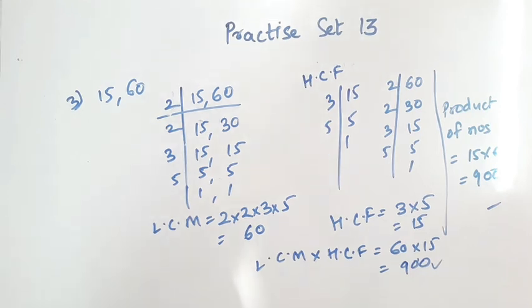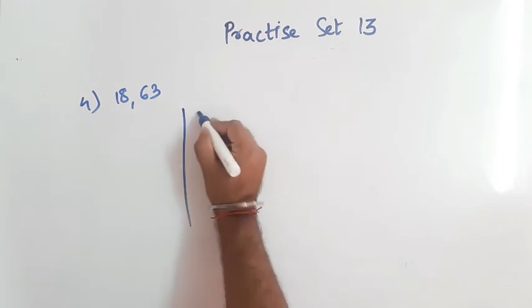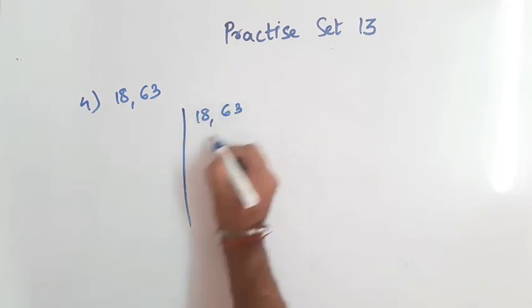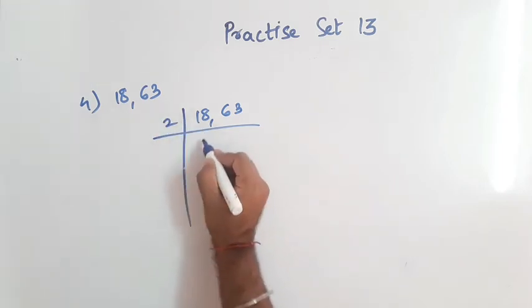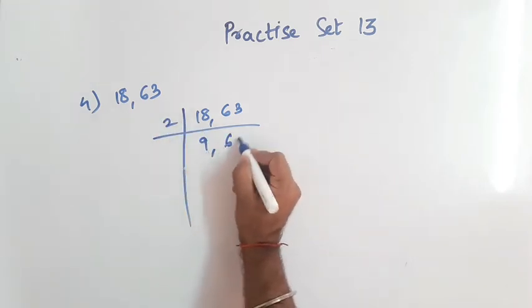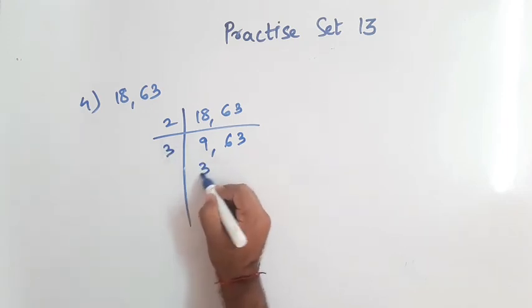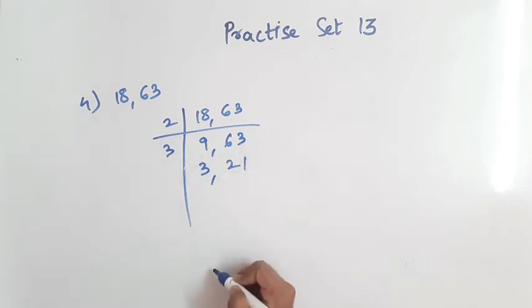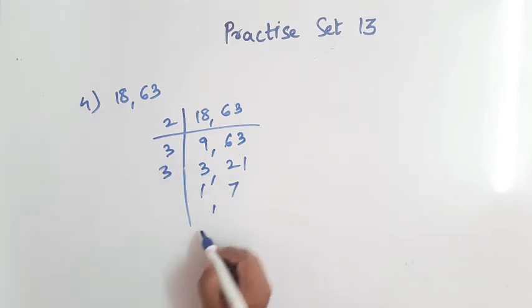Okay. Then children, we have 18 and 63. So 2 I can take, 2 9s are 18, and 63 as it is. Now I cannot take 2, so I'll take 3. 3 3s are 9, 3 21s are 63, 3 1s are 3, 3 7s are 21.